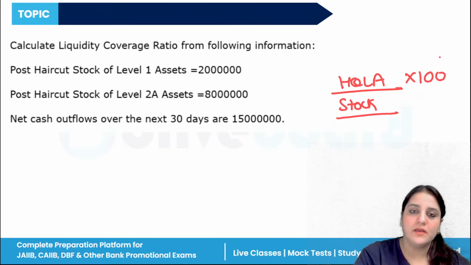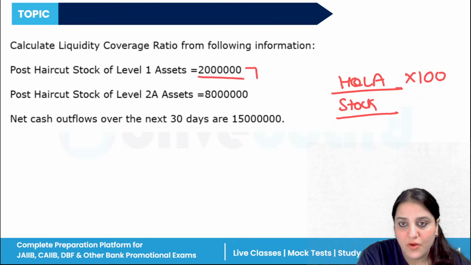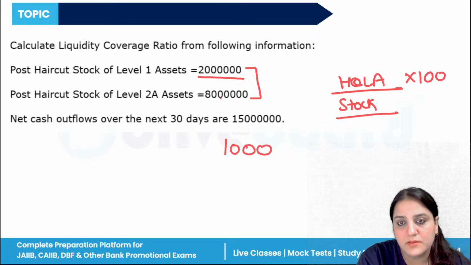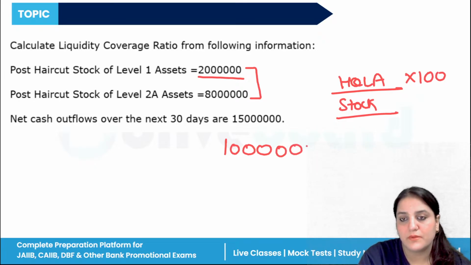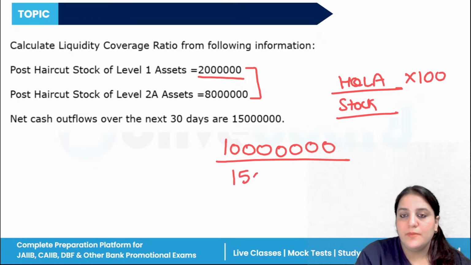Here the assets are 1 crore because 80 lakh is there, and in the denominator there is 15 lakh.